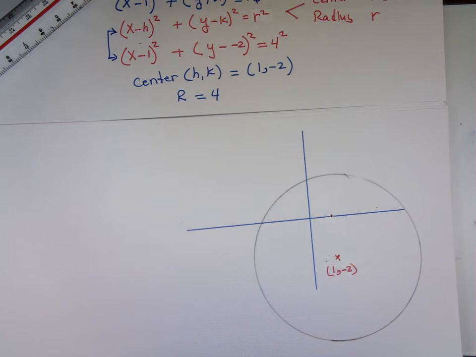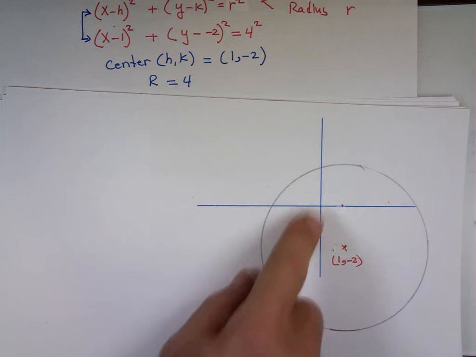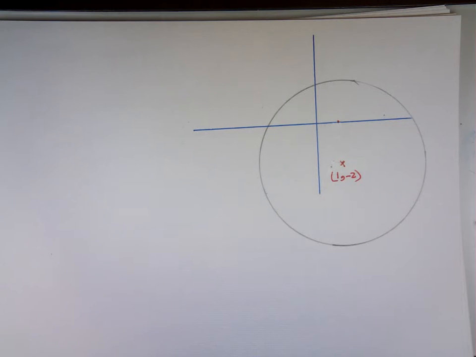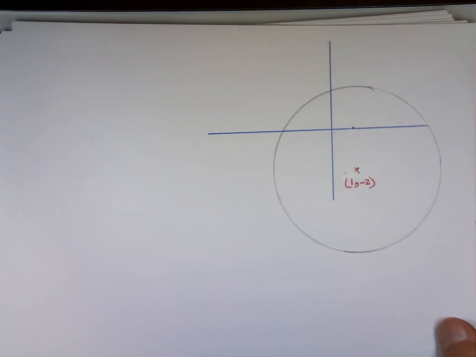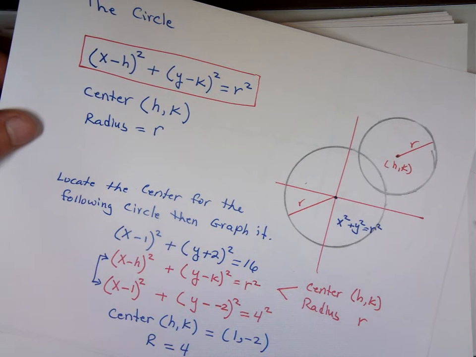And that's the graph of that circle. It's not centered at the origin. It's centered at 1 comma negative 2. That's it. It says find where the circle is, the center of it, the radius, and graph it.